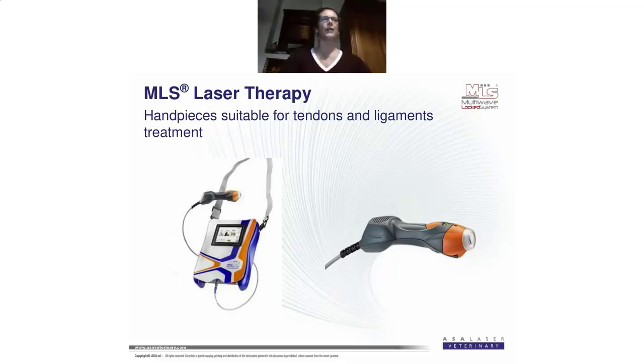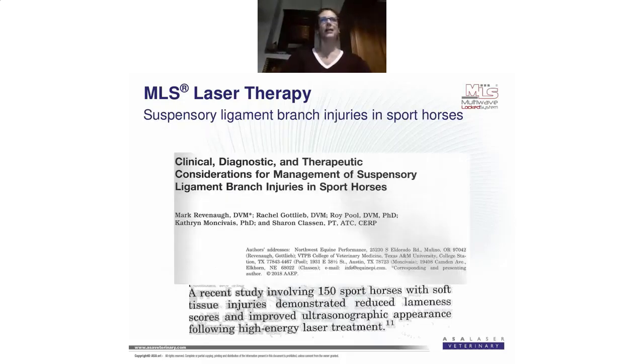I will register everything I do, so I can eventually think about what I did if I don't reach what I expected. So let's start. I will start with the suspensory ligament, and afterwards we go to the tendons.